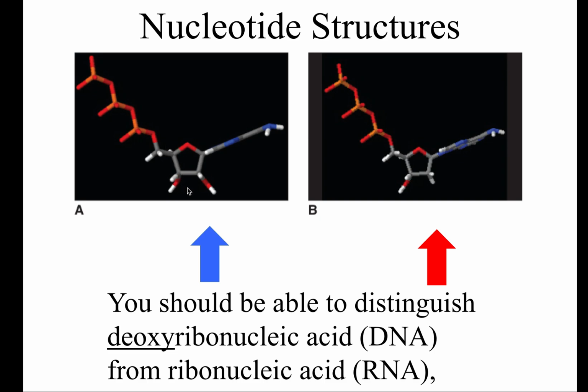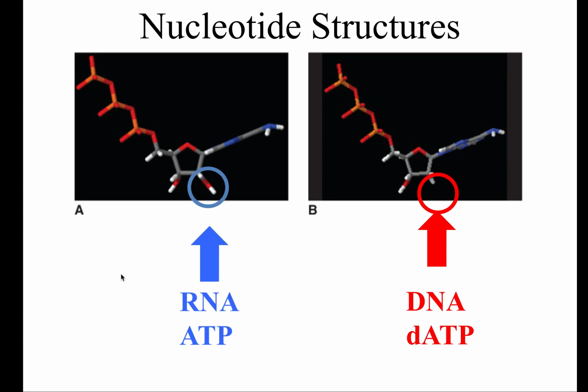The sugar is different for DNA versus RNA. DNA has a missing oxygen on this sugar, which is there in RNA's sugar. So DNA is called deoxyribonucleic acid because it's missing that oxygen, deoxy, versus ribonucleic acid over here.